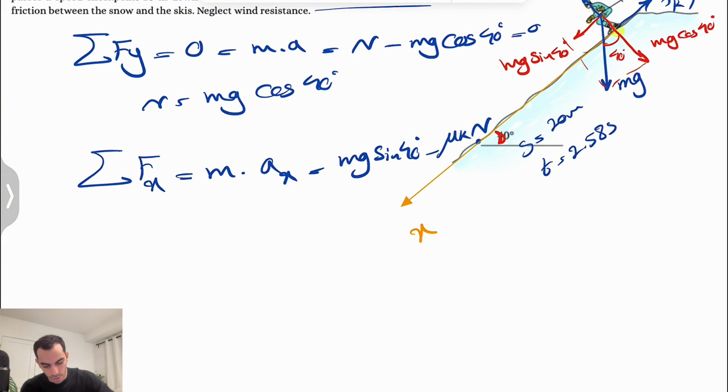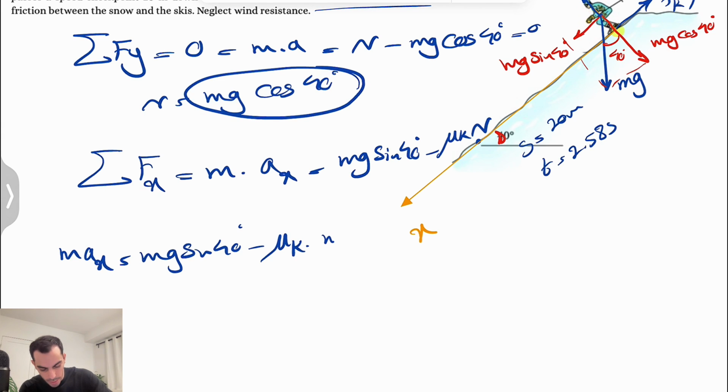So let's reshuffle this a little bit: mass times acceleration, mg sine of 40 degrees minus mu k times our n, which is mg cosine of 40 degrees.